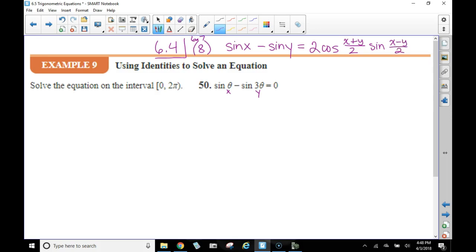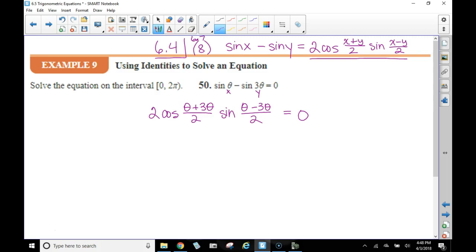So the left-hand side of the equation can be rewritten as 2 times the cosine of (theta plus 3 theta) over 2 times the sine of (theta minus 3 theta) over 2. Bring down the equals 0.